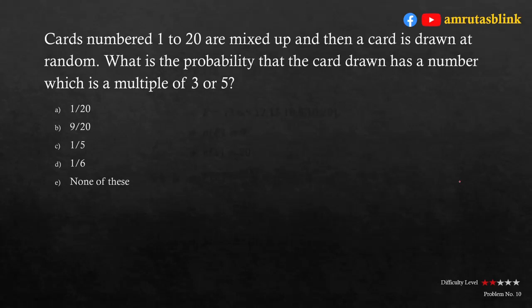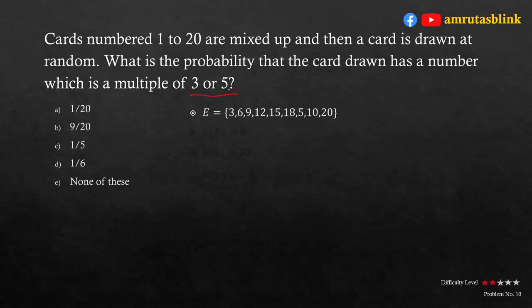Now, the event that we need to calculate is that the card which is drawn at random should have a multiple of 3 or 5. So, we can either have 3, we can also have 6. Now, 3 or 5, this OR is very important. So we can have either a multiple of 3 or we can also have the multiples of 5.